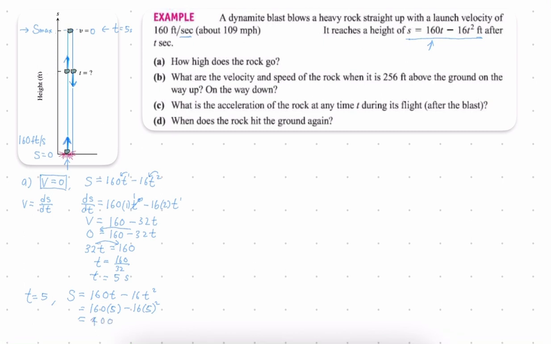The answer would be 400. If you refer back, s is the displacement, meaning the traveling distance, in whatever measurement unit we refer back to. In this question they are using feet, so everything is in feet, and we write our answer as 400 feet.